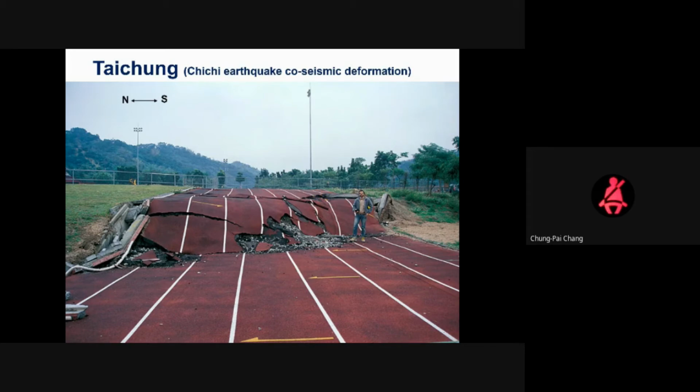This guy was my classmate. He was around 1 meter 80 centimeters. So you can see the displacement amount is quite large. After the earthquake, of course, we can arrive there to measure the in situ movement along the fault.